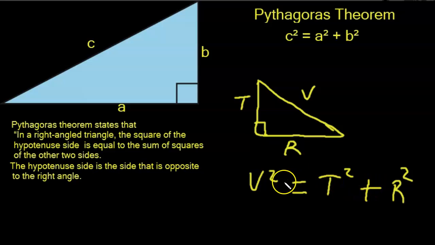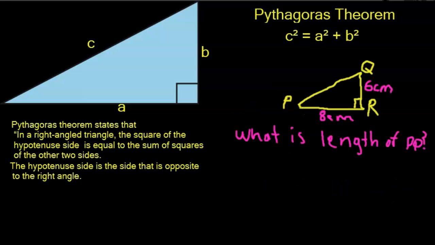And note very importantly, all the terms have a square. All the sides we label, all of them have a square. And notice the hypotenuse is on one side of the equation by itself, and the other two sides are together on the other side of the equation. Right? So let's get some practice working some problems.